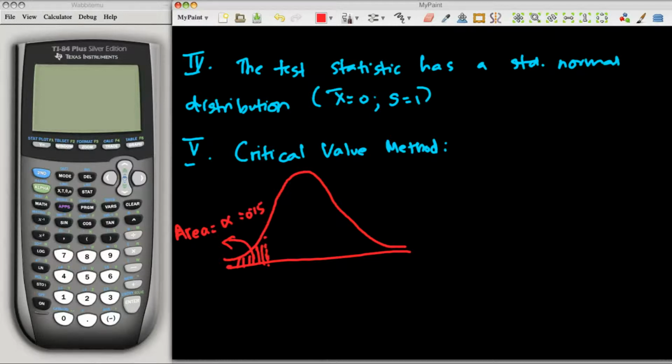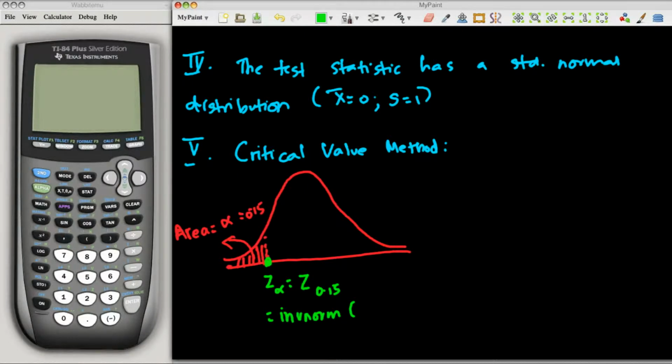The critical value here is denoted by z sub alpha, which is the critical value from a standard normal distribution, so that the area below the quantile is 0.15. So z sub 0.15 is equal to inverse norm of the area below.